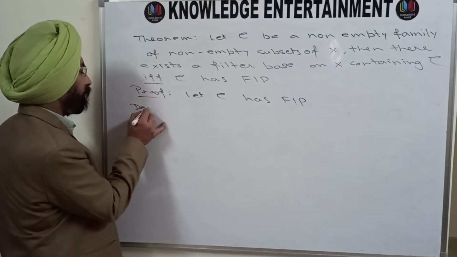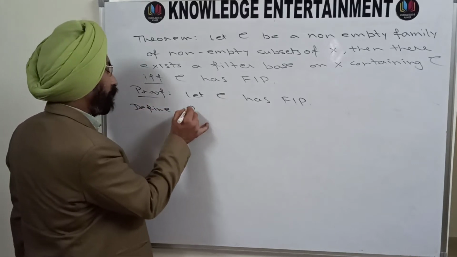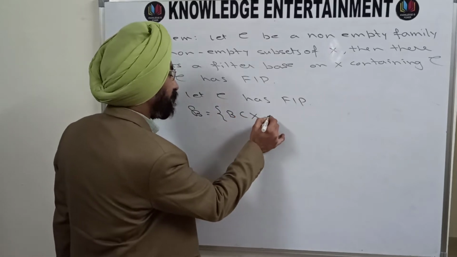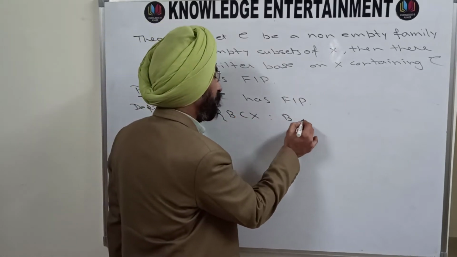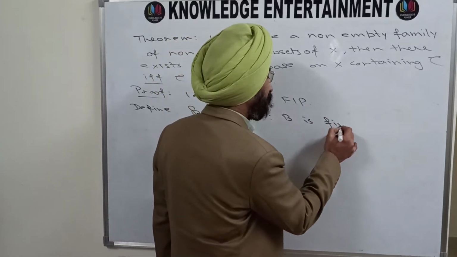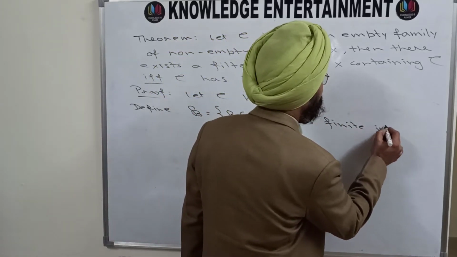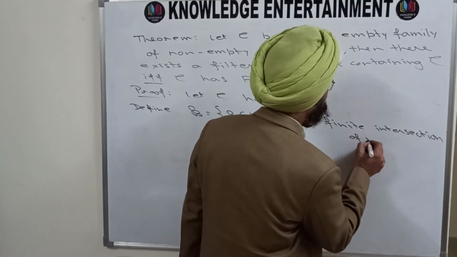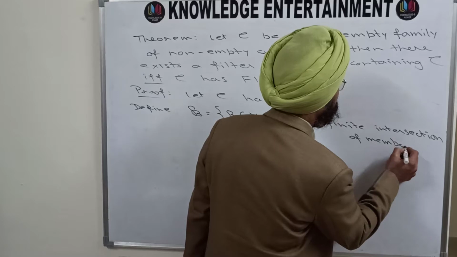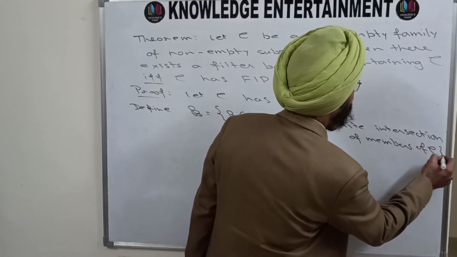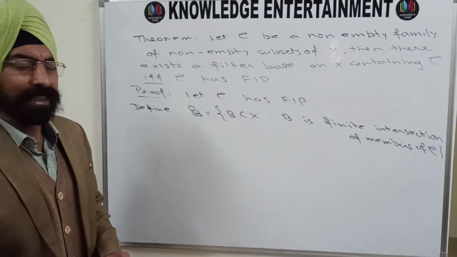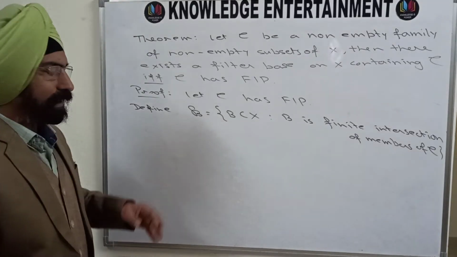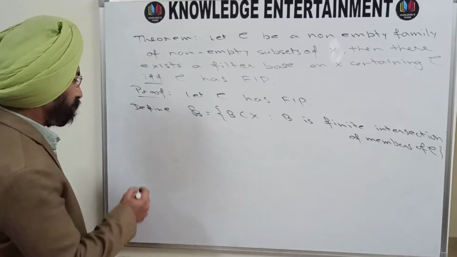Define a family B containing subsets B of X such that B is a finite intersection of members of C. That means every member of B is made up by a finite intersection of members of C. We will show that this B is a filter base.